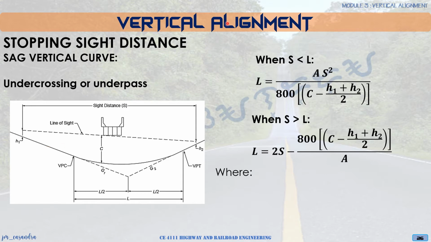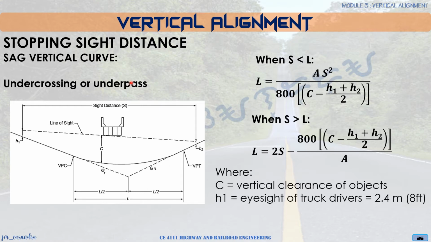Therefore, it is generally practical for us to provide the minimum length of a sag vertical curve at a grade separation wherein there are existing structures. And there would be recommended grades exceeding this.